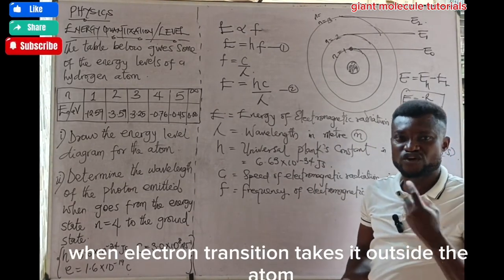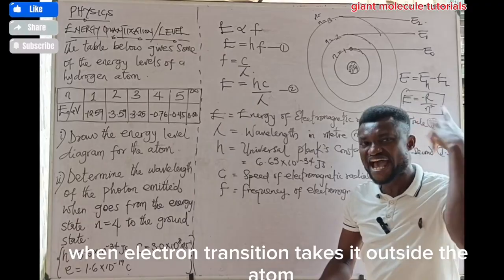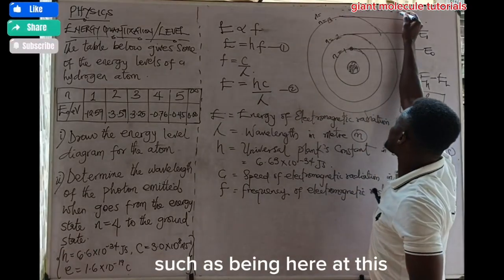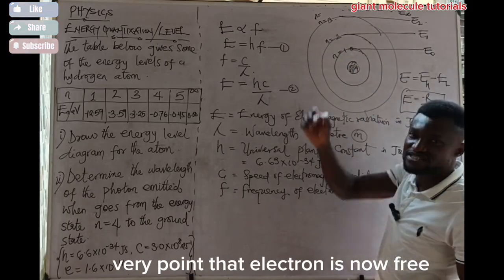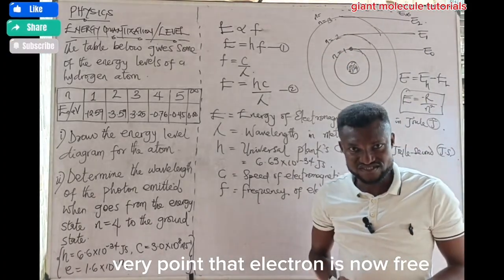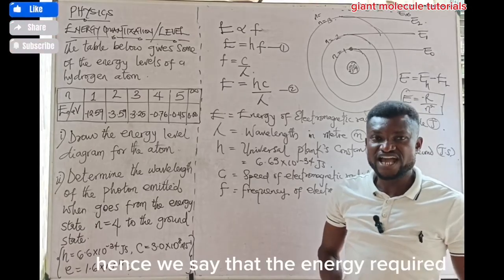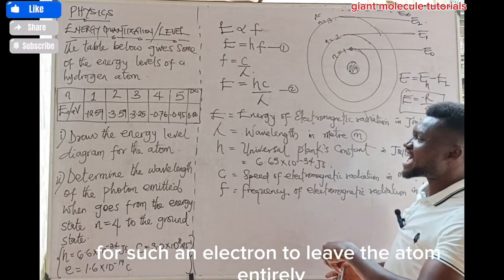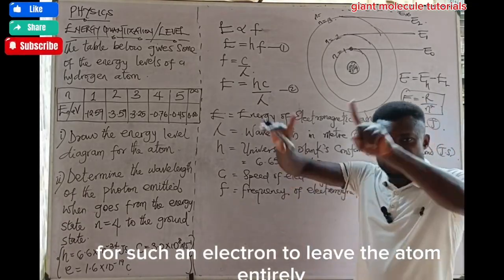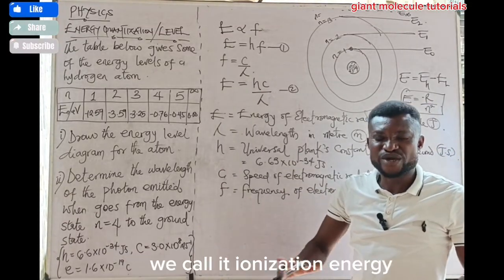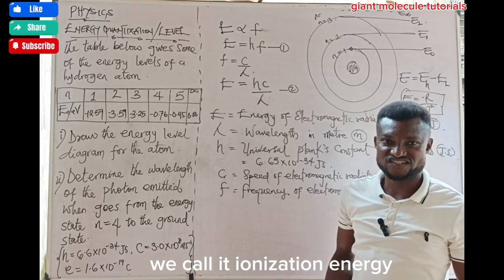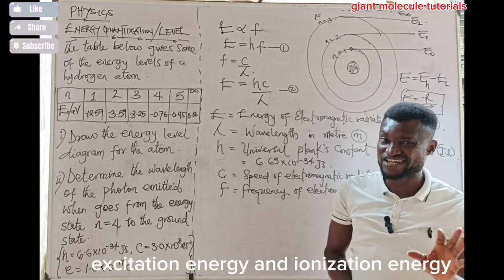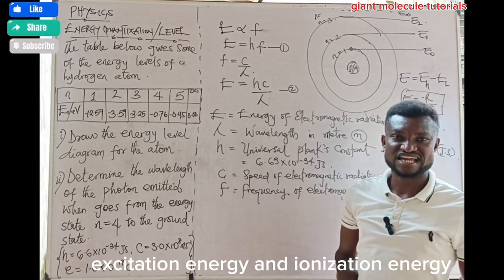When the electron transition takes it outside the atom, such as being here at this very point, that electron is now free. Hence, we say that the energy required for such an electron to leave the atom entirely, we call it ionization energy.